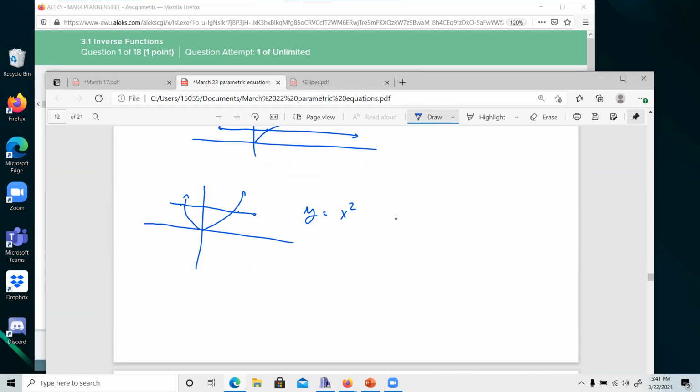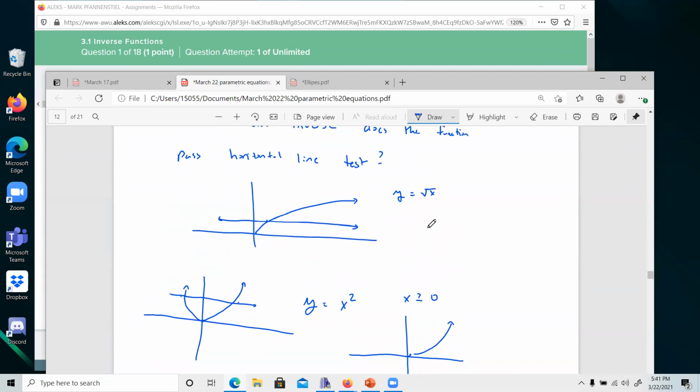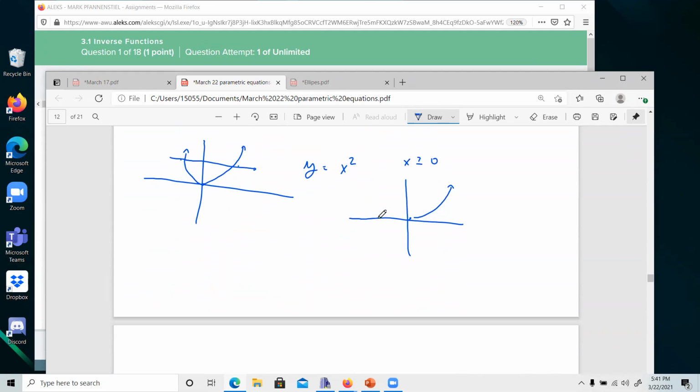So if we say that's true for x is greater than or equal to 0, then we only get this part. And now it does pass the horizontal line test. Okay, so you are allowed to manipulate the domain so that a function has an inverse, but maybe only in a particular spot. You're going to encounter this a lot in trig. This is going to happen all the time.